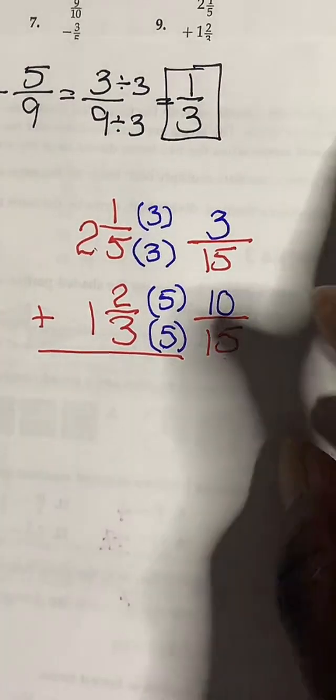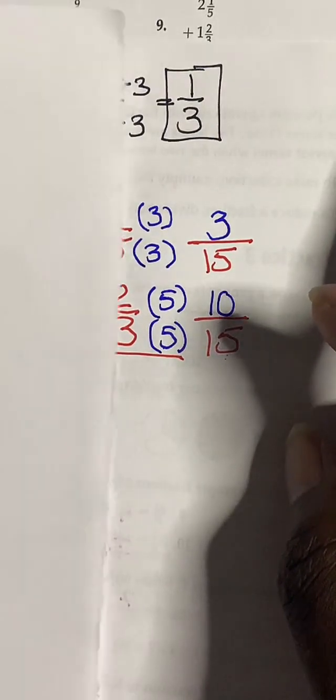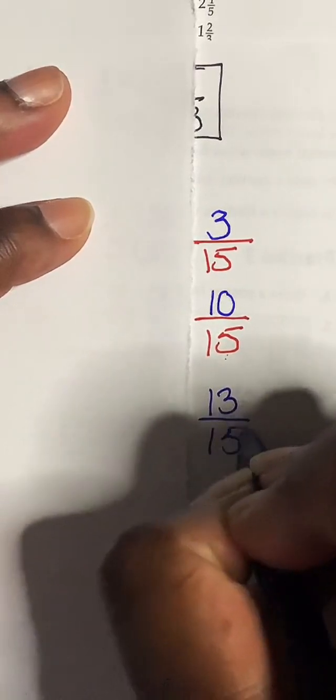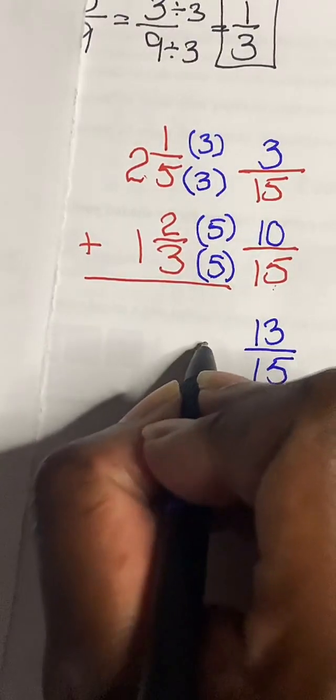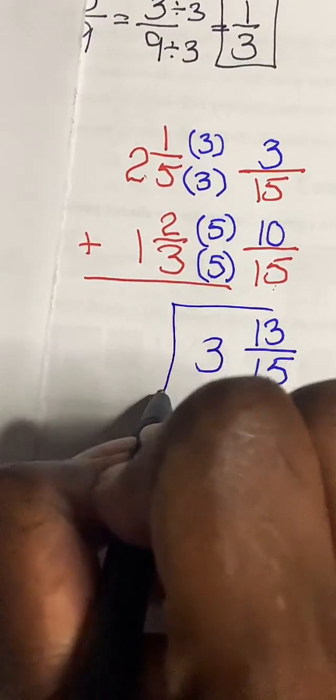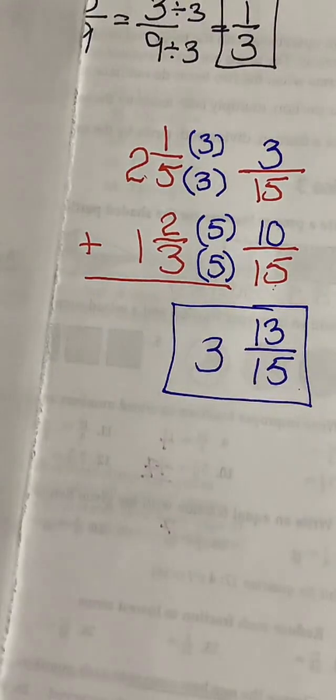Now, if I just add, I will definitely have 13 over 15. Since this is a proper fraction, I don't need to simplify or take a whole out to add to the two whole numbers. So all I have to do is add these two whole numbers, which gives me a 3, and I get my final answer.